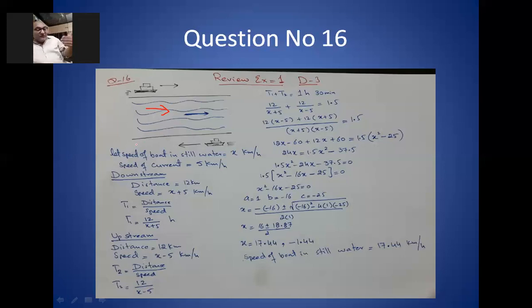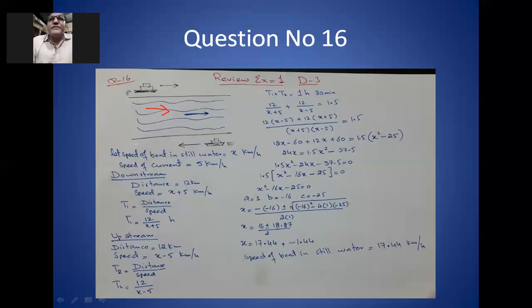If the speed of the boat in still water is x and the speed of the current is 5 kilometers per hour, then upstream your speed will be x minus 5, because the stream is opposite to you. When you travel downstream, your direction of motion and the direction of the current are the same, so the stream will help you, and the speed of the boat will become x plus 5.